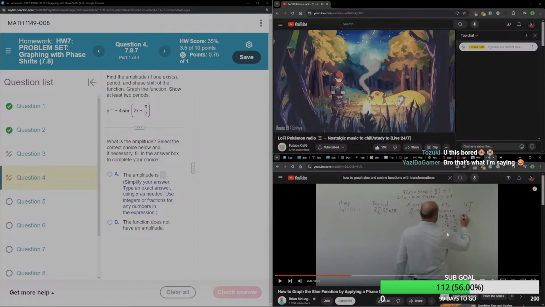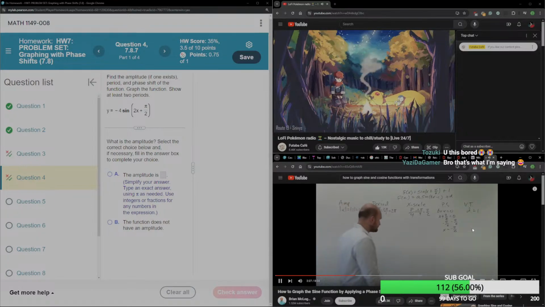And let's see, my formula was c over b. Yeah, still my vertical translation is equal to 1. That means I'm going to actually take the whole graph and shift it up 1.